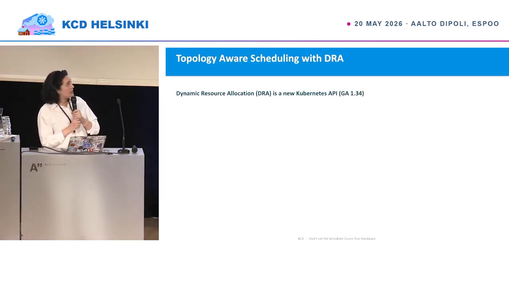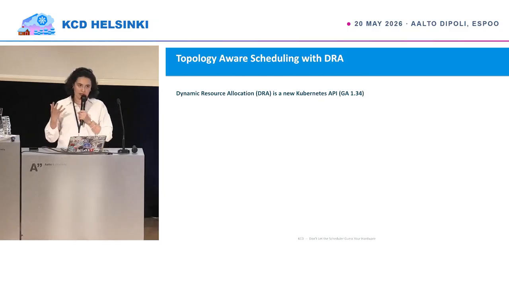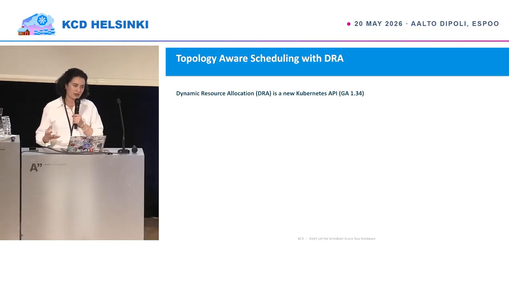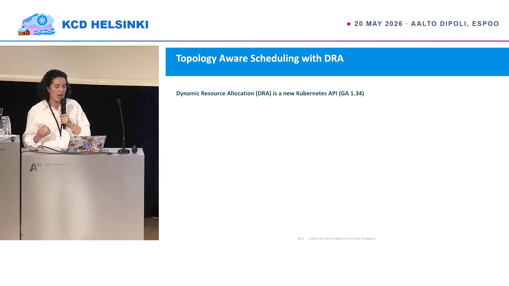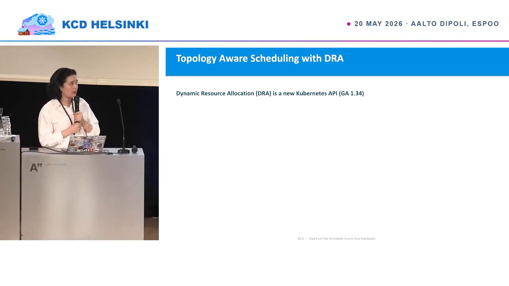Topology-aware scheduling means that the Kubernetes scheduler itself needs to think about the physical location or collocation of devices, not just about their availability. And the enabling technology for this in Kubernetes is DRA, Dynamic Resource Allocation.